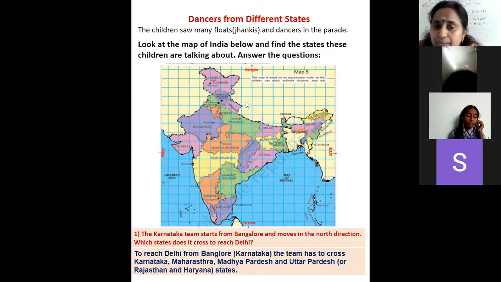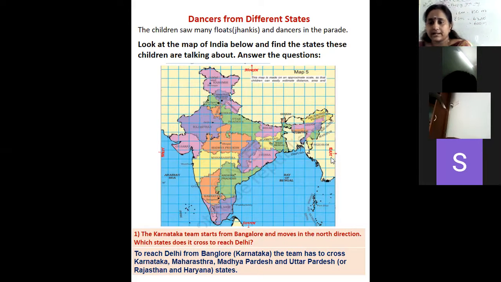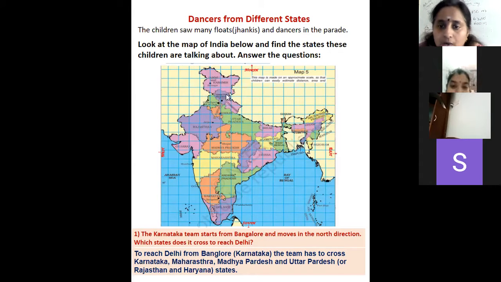Now, where is north? Straight up, ma'am. Yes, up, the top of the map, is north. The opposite, down, is south. Left is west and right is east. Is it clear to all of you? Yes, ma'am.